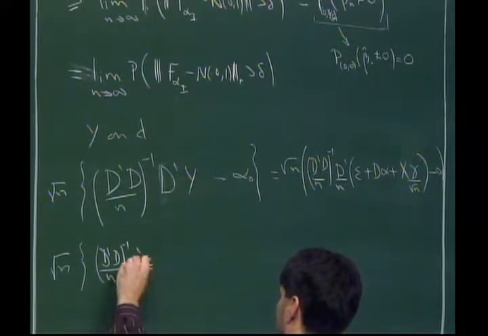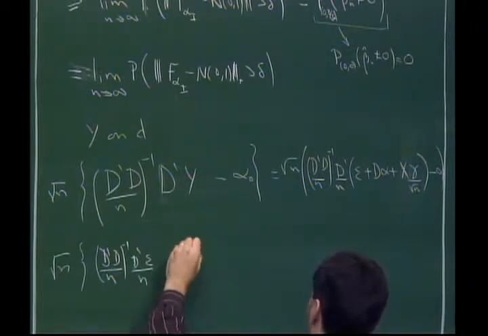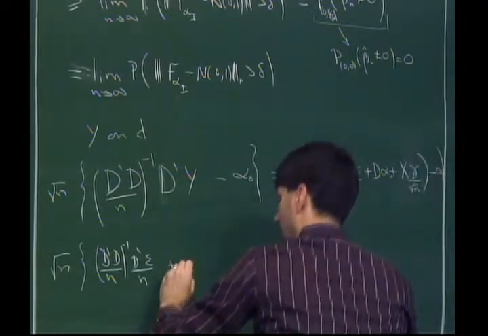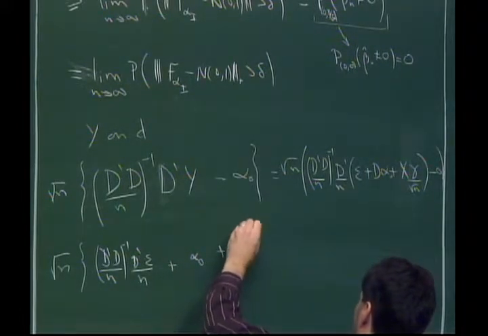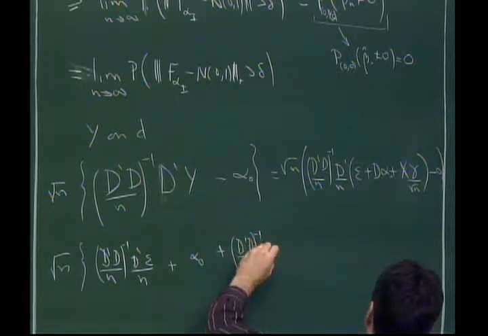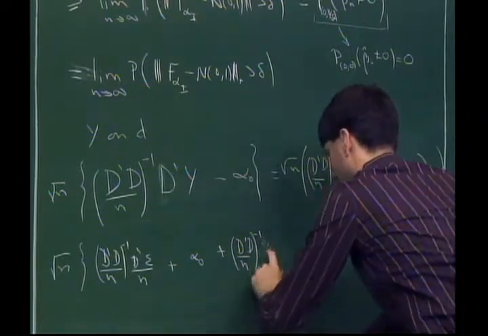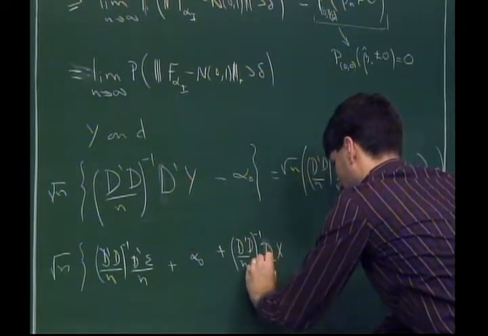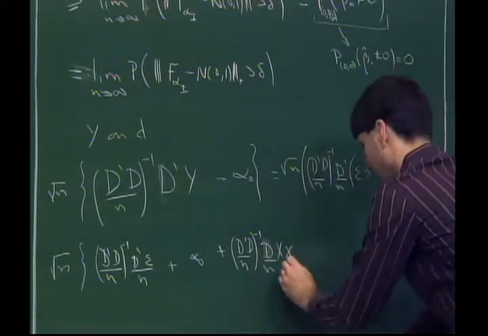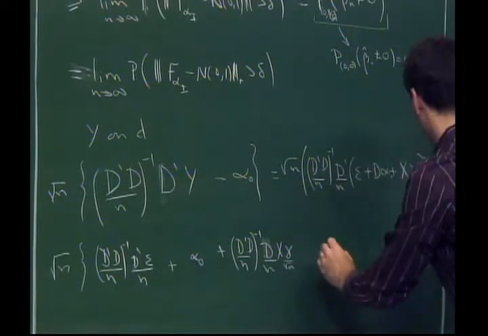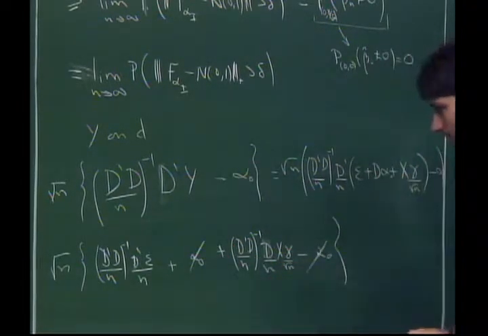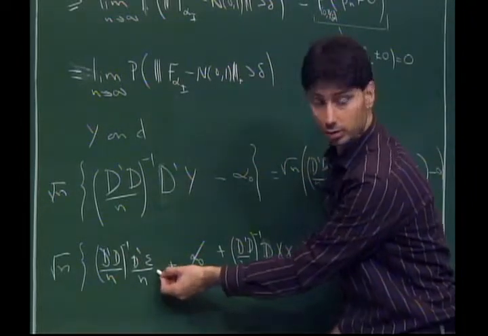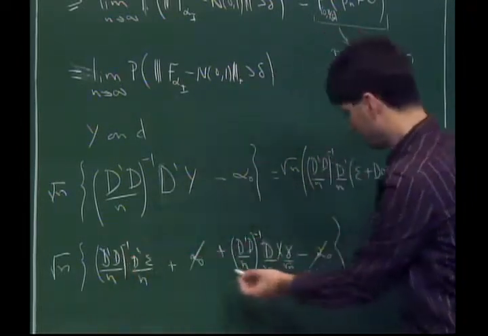The second term gives us alpha naught plus d transpose d over n inverse, times d transpose x over n, times gamma over root n, minus alpha naught. So these cancel. Because of normality, this is normal to begin with.